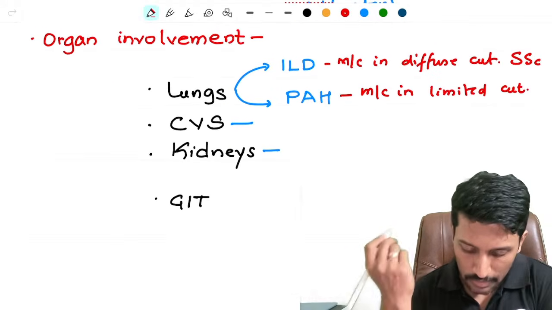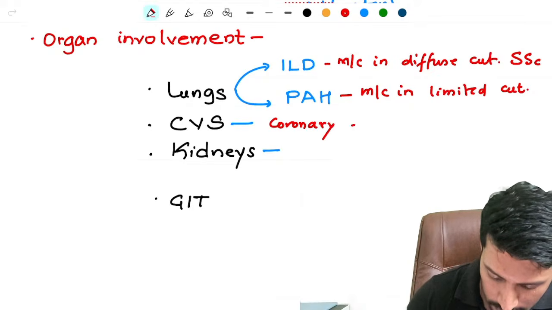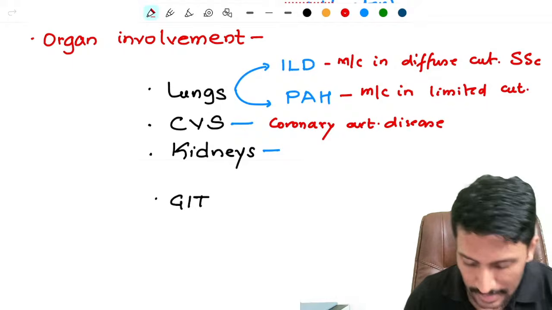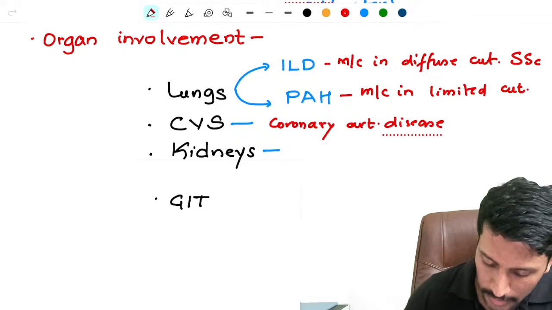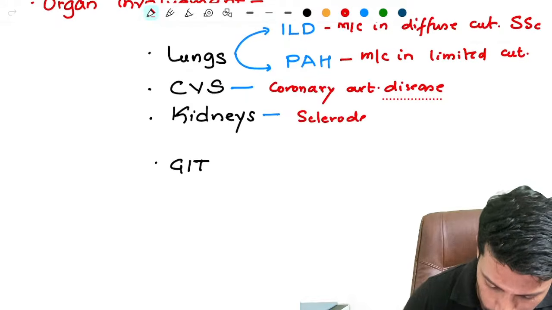Okay. So in the CVS, it can also lead to coronary artery disease because there is vasculitis. And in the kidney, it can lead to what is called scleroderma renal crisis.